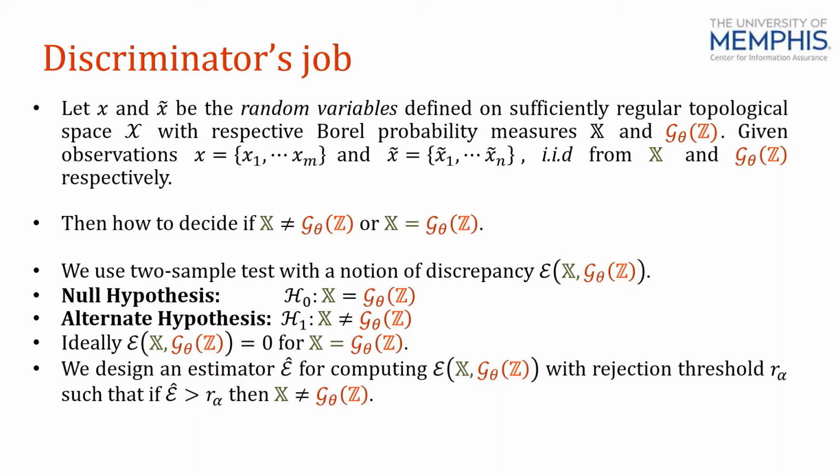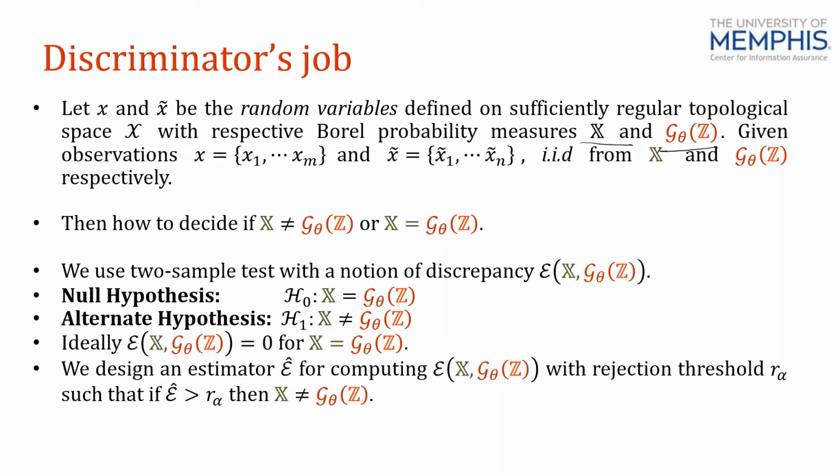Now, more formally, let us define the job of the discriminator. Let x and x tilde be the random variables defined on a sufficiently regular topological space X with respective Borel probability measures, that is script x and g theta of script z.